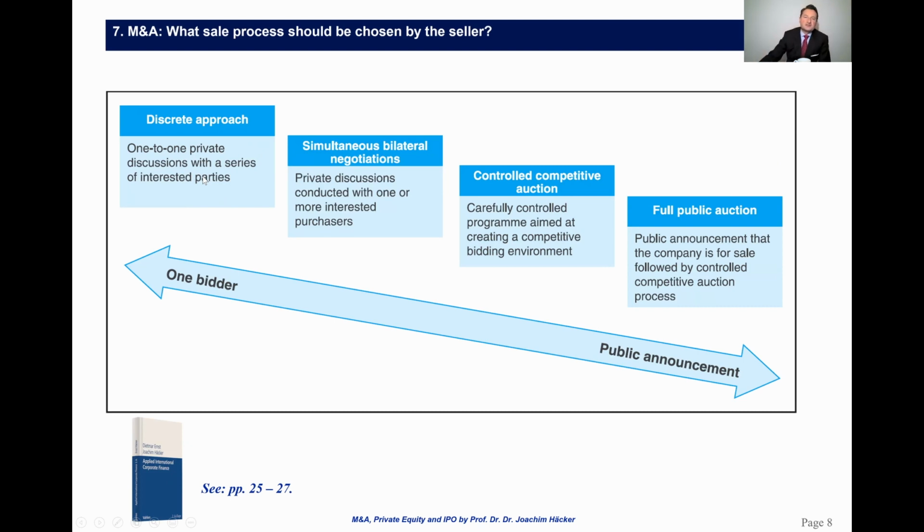If we use the discreet approach, we tend to come up with low prices. However, the confidentiality is actually maintained. On the other side is the full public auction. This probably comes with the highest price. However, everybody knows about that transaction.